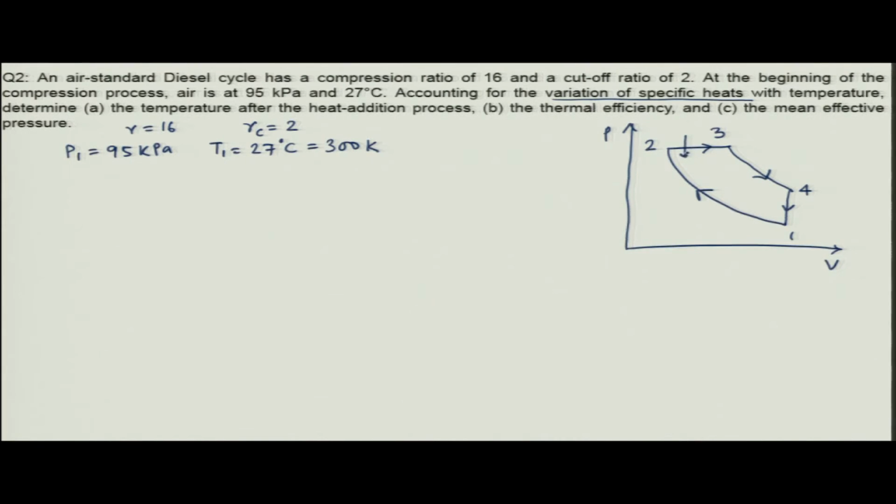So, this is the heat in, this is the Q out. We need to find the temperature after the heat addition process, basically T3. We have to find T3, the thermal efficiency of the cycle, and the mean effective pressure.